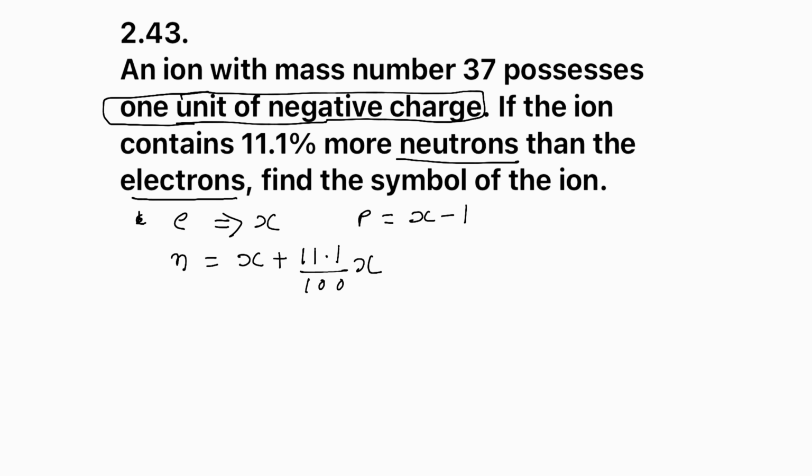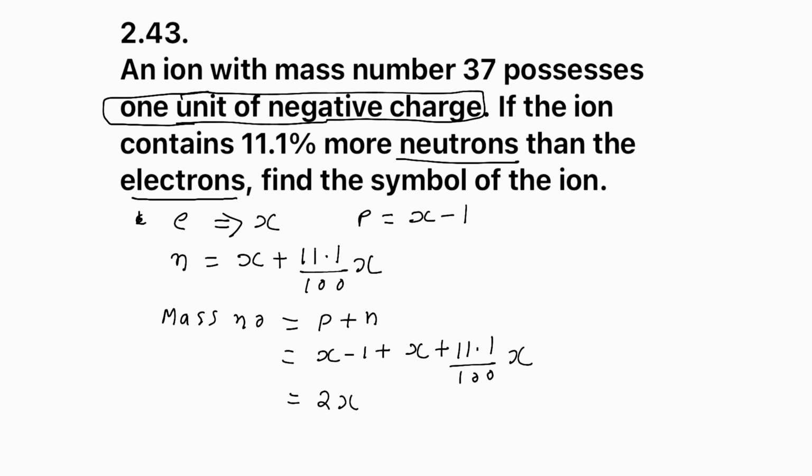Now, what is mass number? Mass number is the number of protons plus neutrons. Proton is x minus 1. Neutron is x plus 11.1 by 100x. So you will be getting x plus x, 2x minus 1 plus 11.1x by 100.